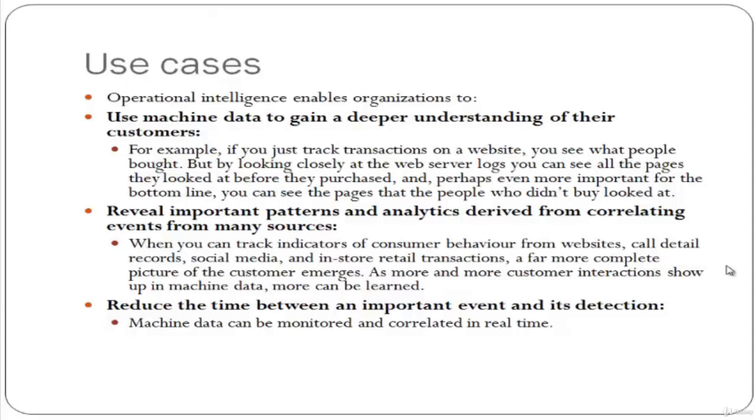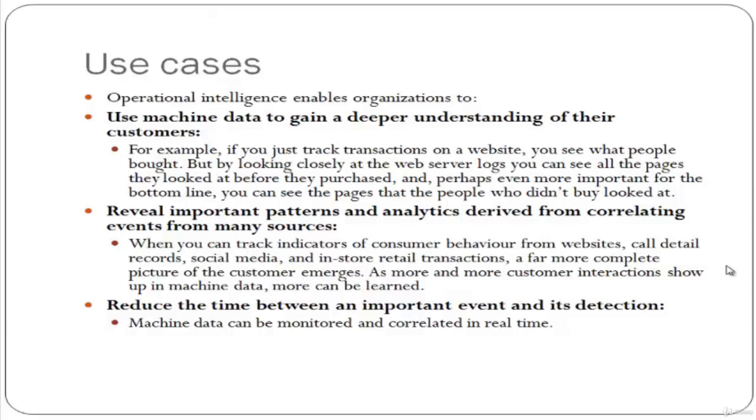But by looking closely at web server logs, you can see all the pages that people looked at before they purchased. And perhaps you can even see which people looked at the pages but did not buy. So we can understand much more information about the viewers, and that can really help us develop our business.